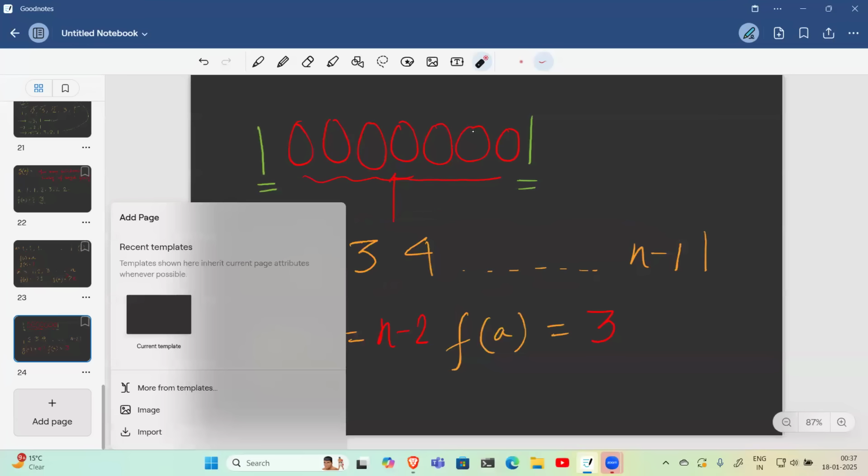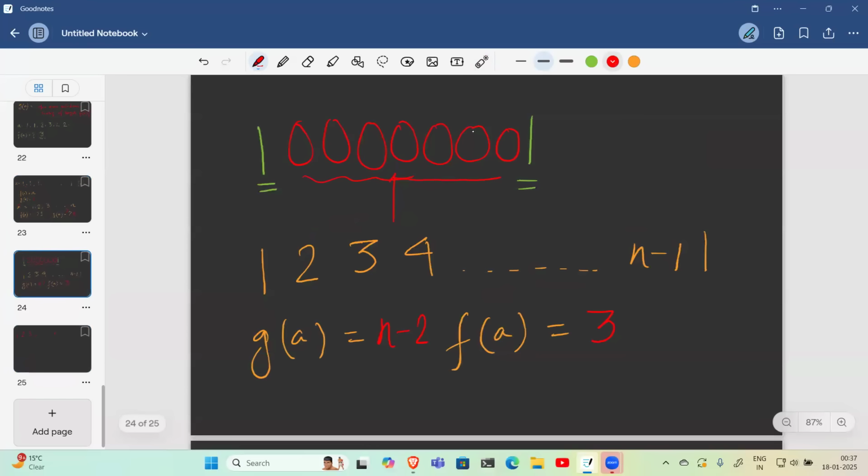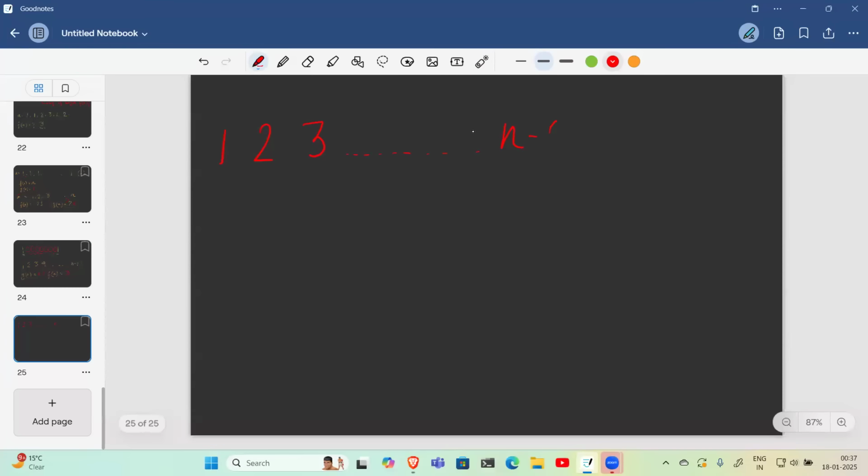So my next idea is, why not do something like this? Why not have 1, then 2, then 3, and let me go till n minus 2, then let me have a 1, and then let me again have a 2.